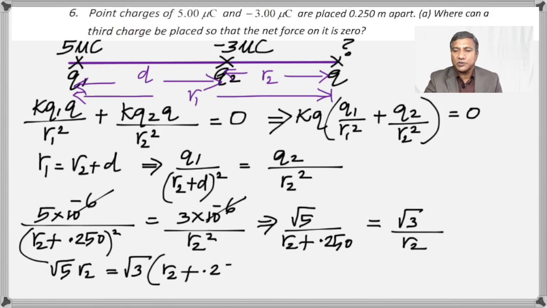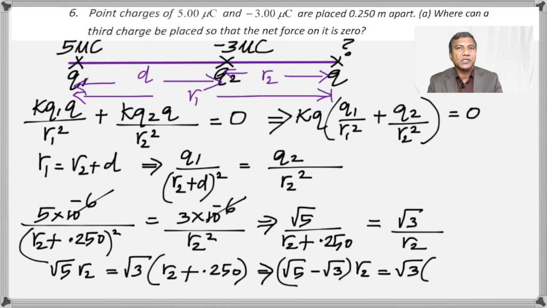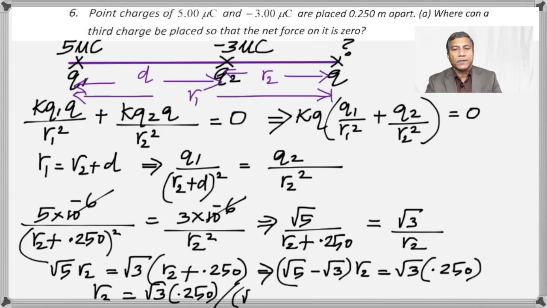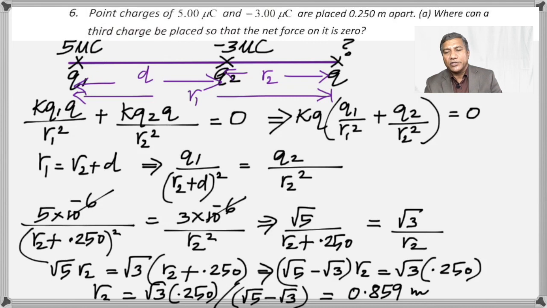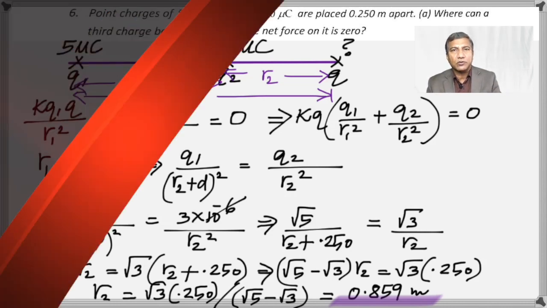Yes, there are some math steps that you got to do. Collect the R2 terms on one side and then solve for R2. When you do that, and if you are careful, you're going to get 0.859 meter as the distance of that test charge from the negative 3 microcoulomb.